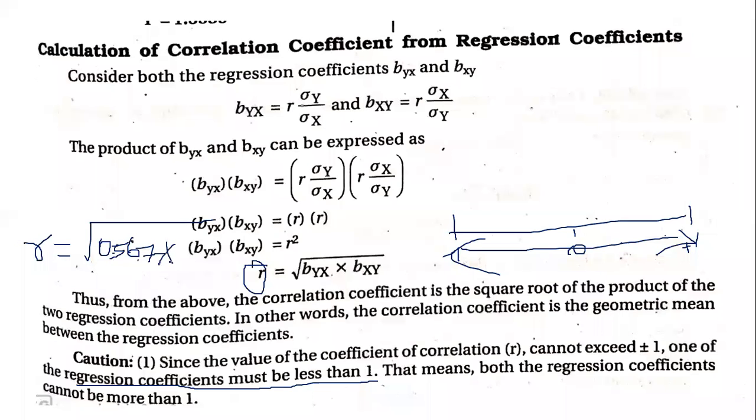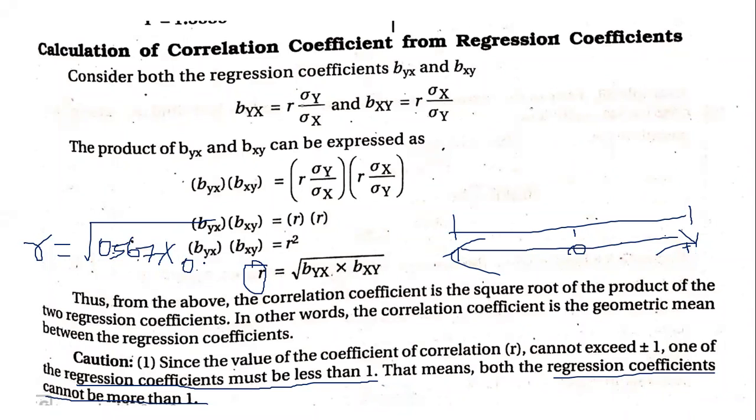If the other one is more than 1, it is fine. But one should be less than 1. That means both regression coefficients cannot be more than 1. Okay, that's what they're saying. So you cannot even have one of them more than 1.